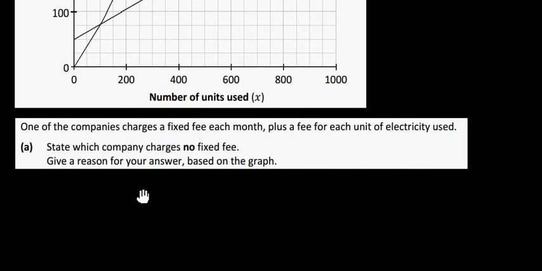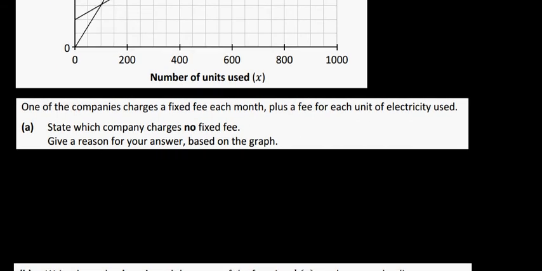So let's just write that down. The answer then here is, which company charges no fixed fee?